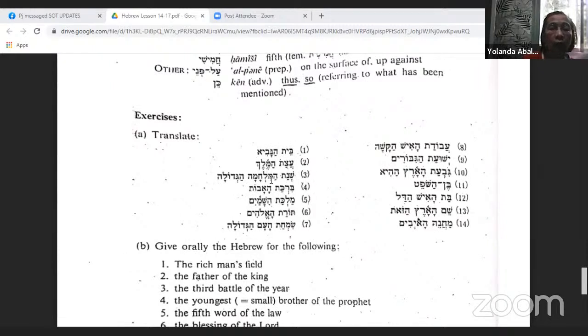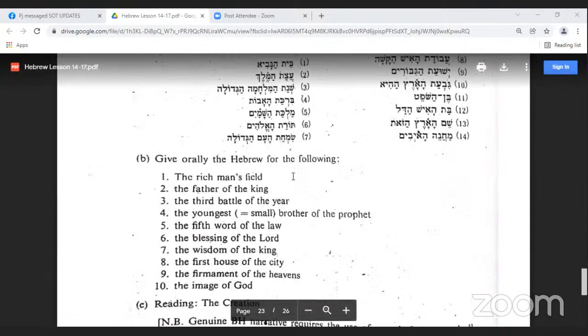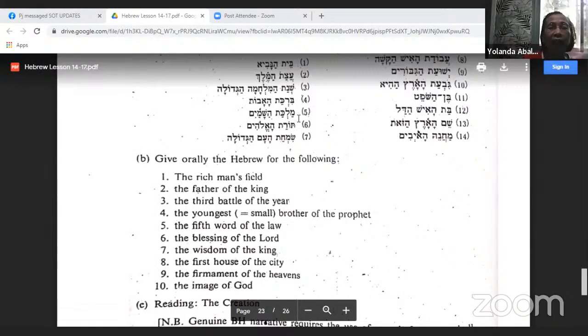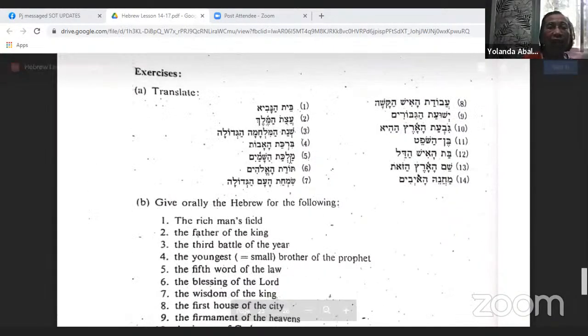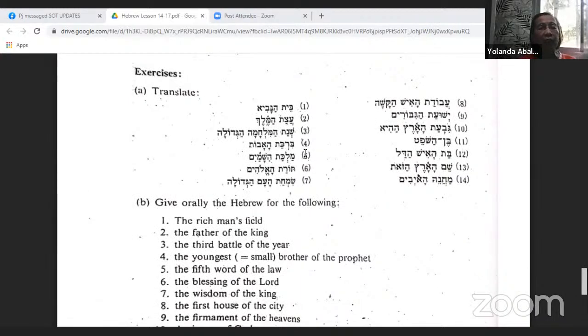Shenat Amla Melkama Hagdula. Shena. What is that? Where are we? We're at number 4 now. Brecha. Haavot. Birkat. The blessings of Haavot, the fathers. Construct that.